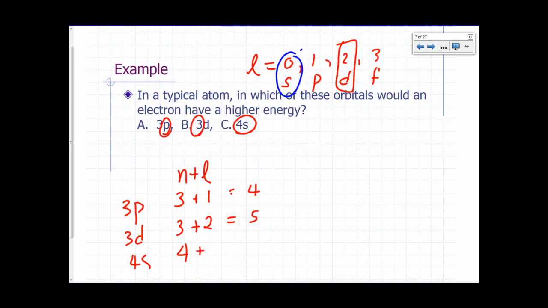Okay, that gives you 4. So, in the typical atom, in which of these orbitals would an electron have the highest energy? The answer would be 3d. Okay.